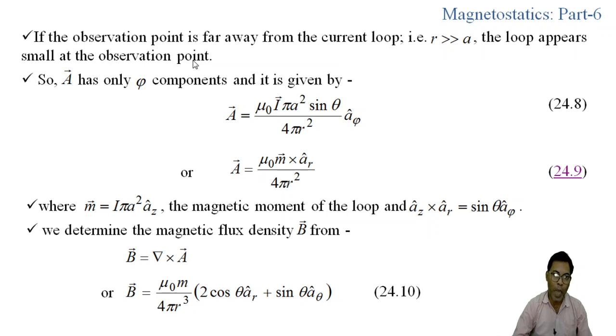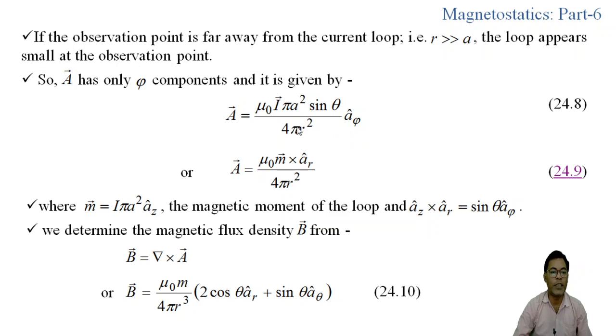When the loop appears very small from the observation point, we have only the phi component, and theta and r components are 0. Then the magnetic vector potential A can be written as mu naught I pi a square sin theta by 4 pi r square, in the a phi direction.